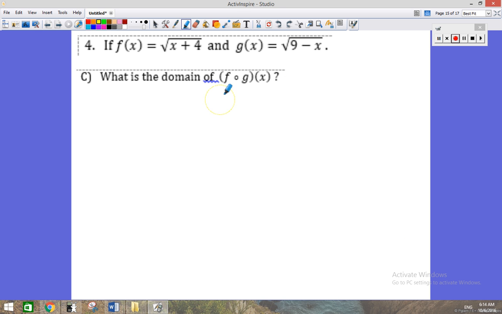When you have a function composition, two things need to be true. And this needs to be true for any function: your input has to be in the domain in order to produce an output.